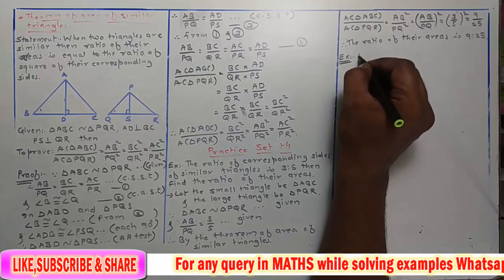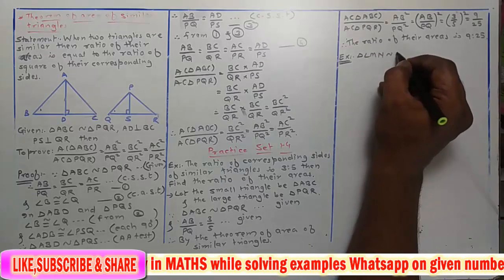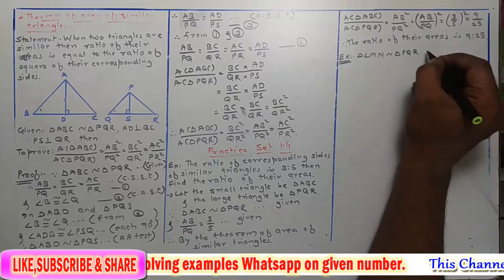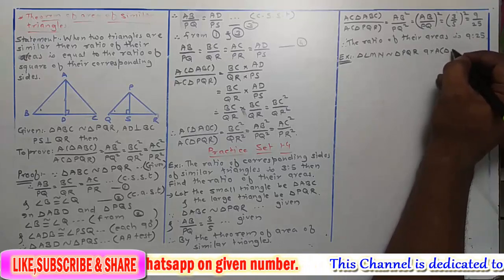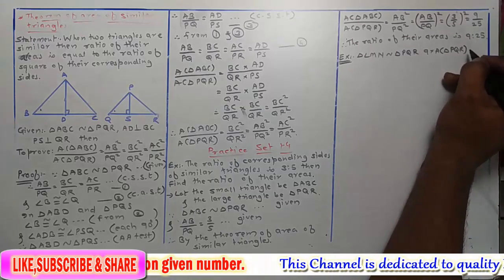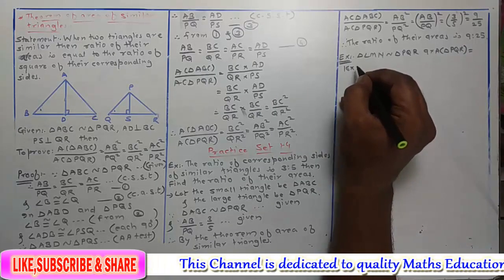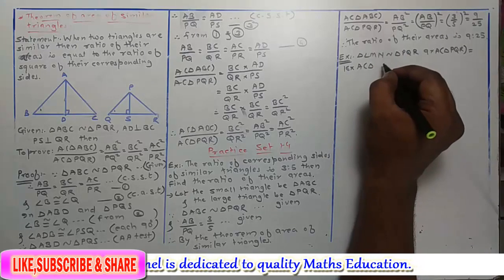Triangle LMN is similar to triangle PQR. 9 into area of triangle PQR is equal to 16 into area of triangle LMN.